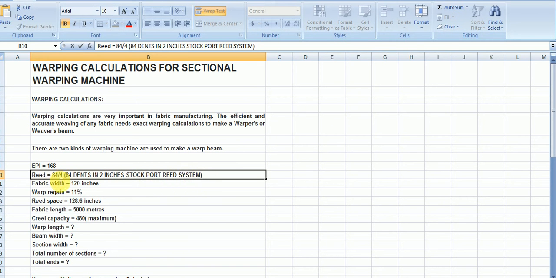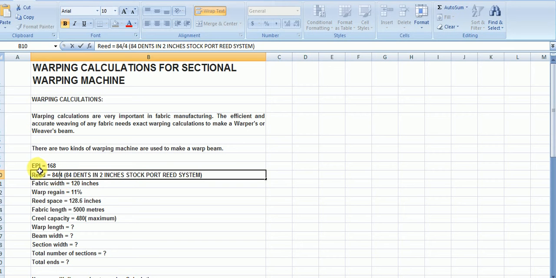Here we call it 84 reed only, but in weaving we calculate 1 inch for 1 inch, whereas in the Stockport reed system 84 dents are in 2 inches.